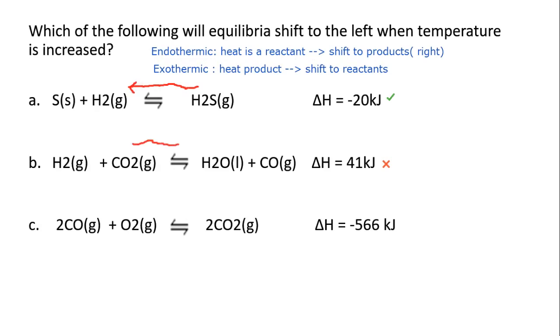This one would shift to the right. Now in C, it's exothermic. It would also shift to the left. So exothermic reactions, when you increase the temperature, will shift to the left. Endothermic reactions shift to the right.